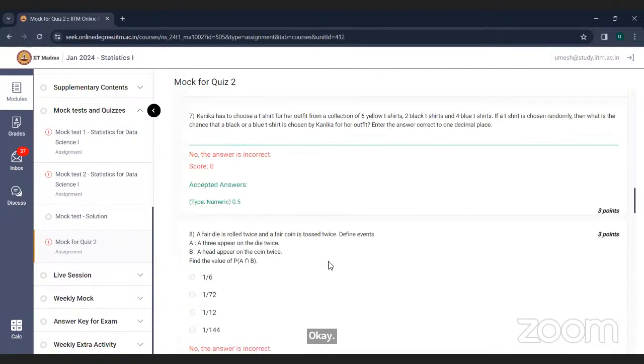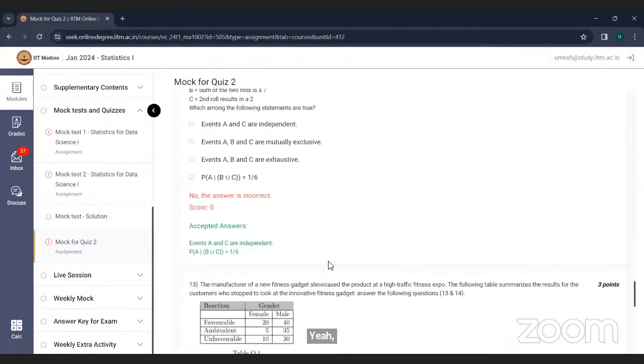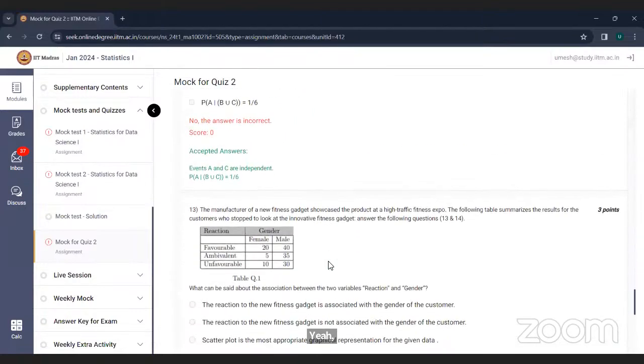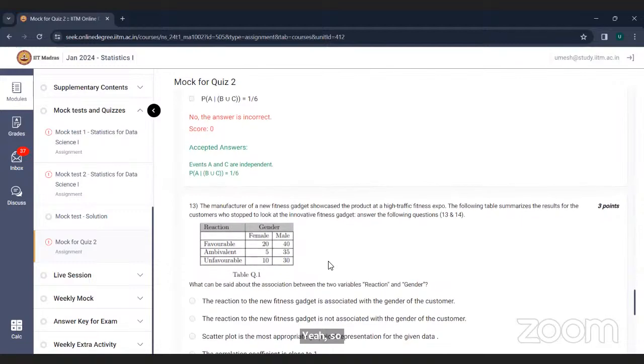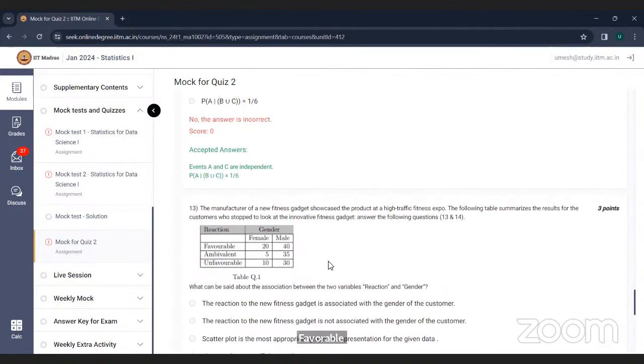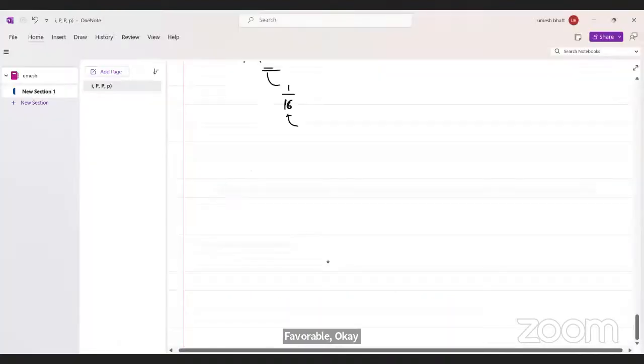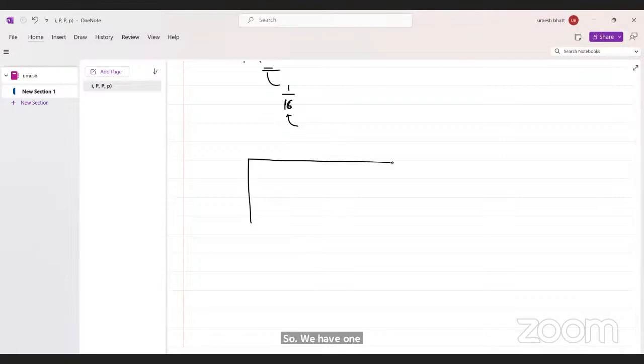Favorable, ambivalent, unfavorable, 25, 10. So we have one table.